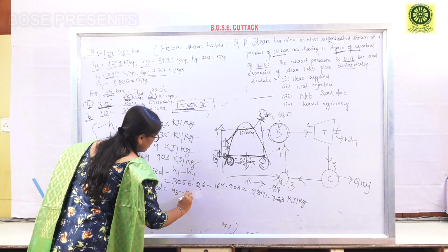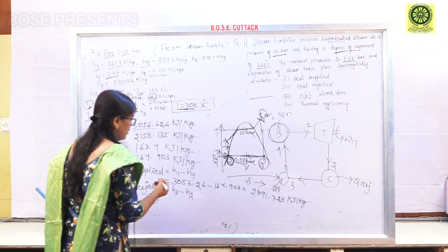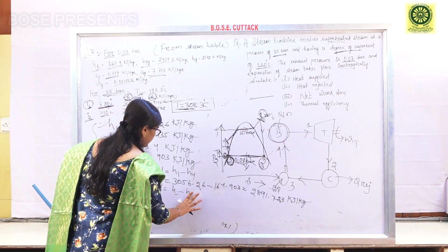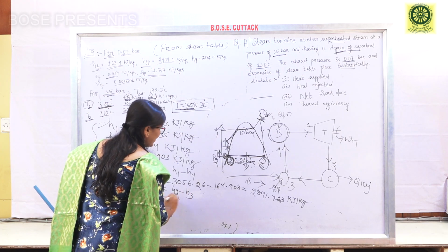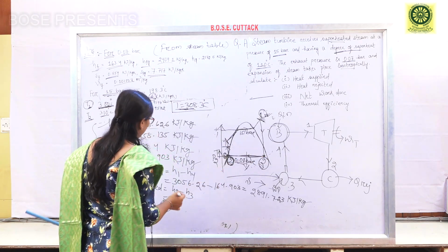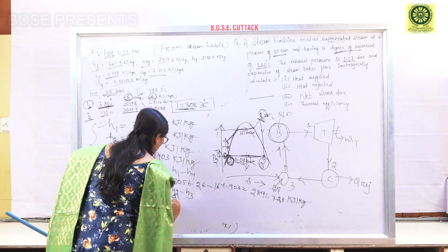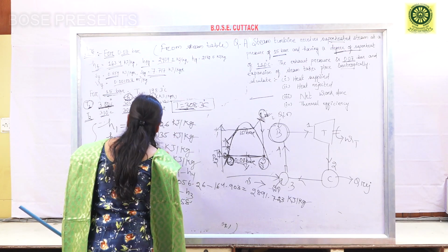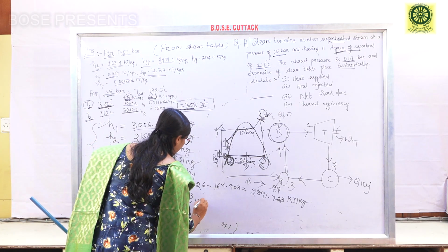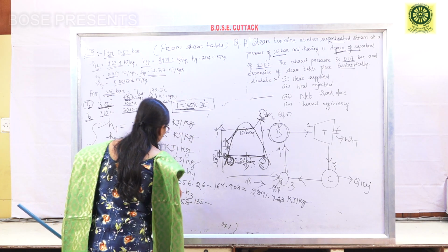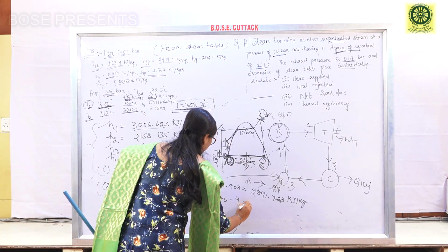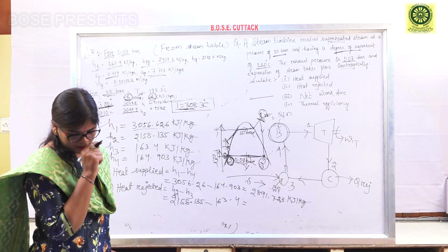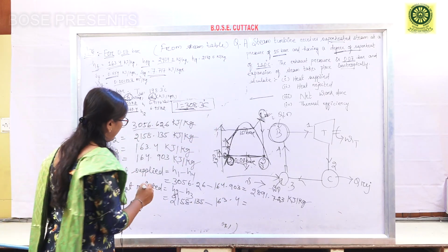High enthalpy minus low enthalpy, that is H2 minus H3. H2 is 2158.135 minus H3, which is 163.4, and you are going to get 1994.